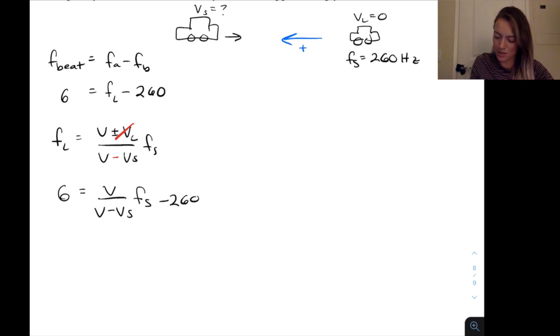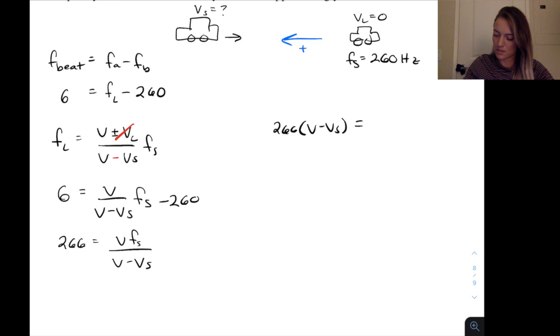So we get 266 is equal to v over (v minus vs). Then we can cross multiply, so we get 266 times (v minus vs) is v times fs. And then we can do this.